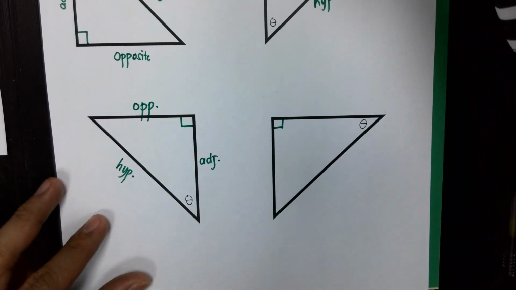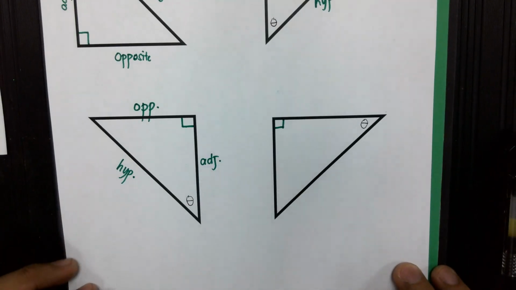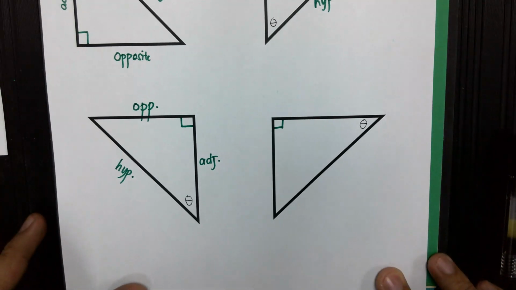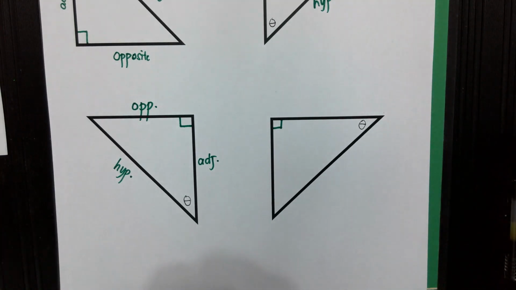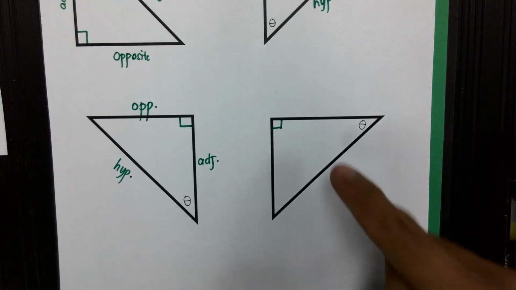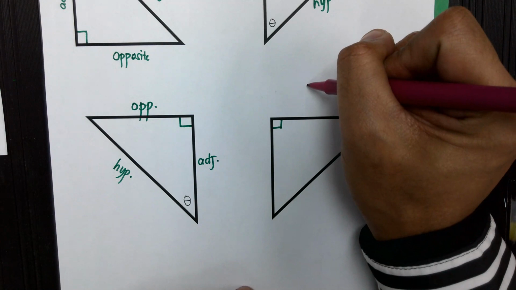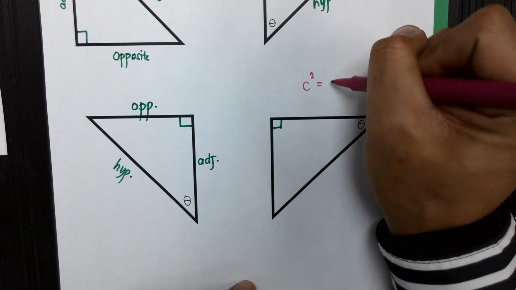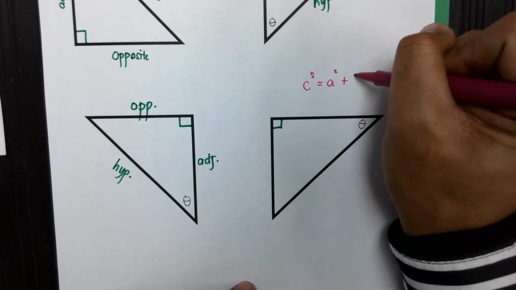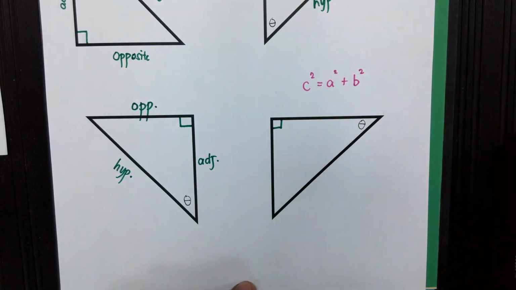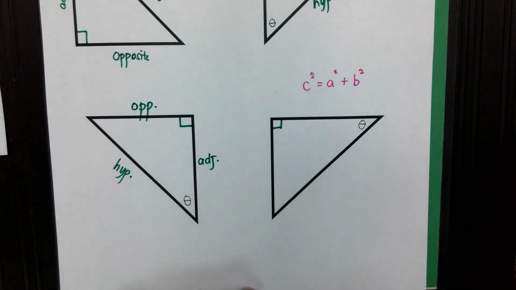Okay, now apart from those terminologies, when understanding the 6 trigonometric ratios, I'd like us to recall identifying the parts of the triangle when one side is missing. When a side is missing, we normally would use the Pythagorean equation, c squared equals a squared plus b squared.